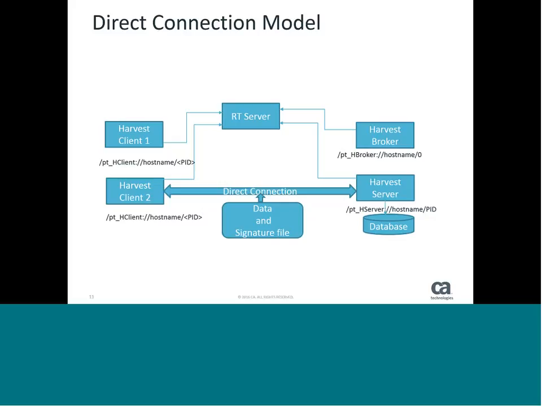In Harvest, we also have a concept of signature files, so the data related to the actual files and signature files will be copied over the direct connection. The publish-subscribe mechanism will also be used, and on top of it, the direct connection will be used. This will speed up the actual file transfer.